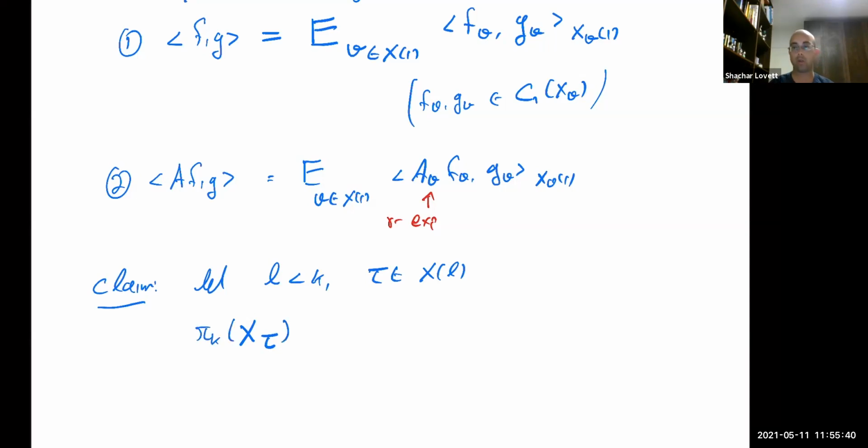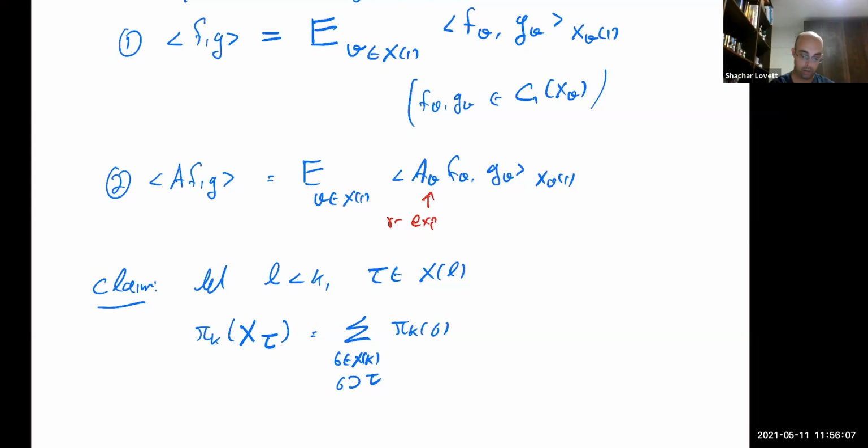which, just to remind you, is the total weight of all the K faces that contain tau. This is just going to be the sum over pi_K of sigma, over all sigma in X_K that contain tau. So it's the total K weight of this link. I'm claiming this has a very simple formula.